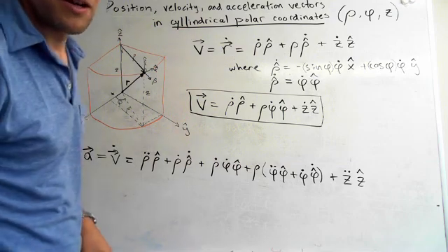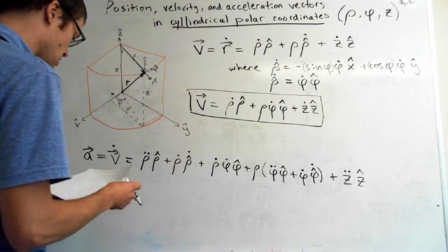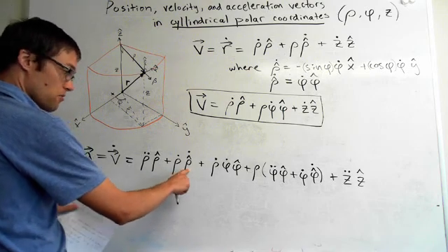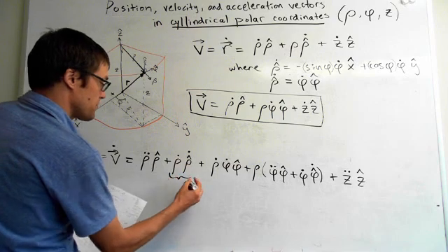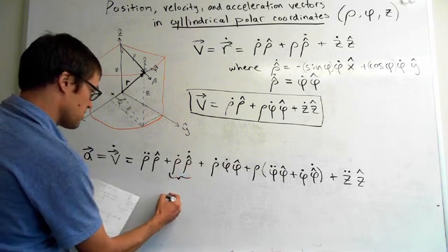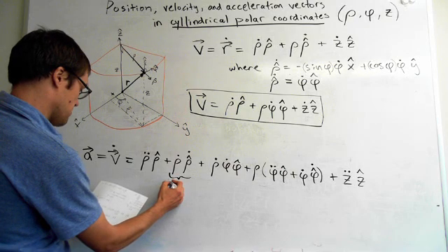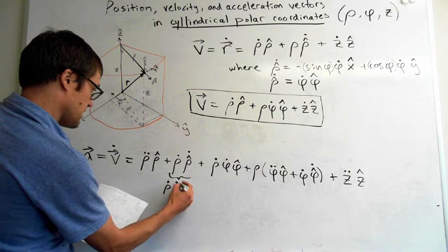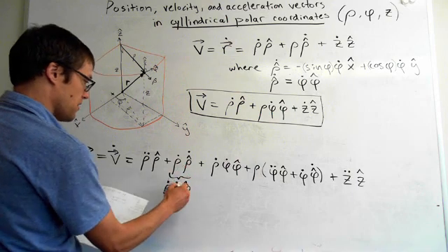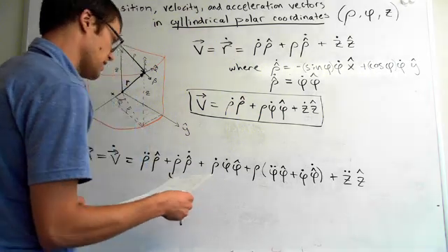All right, so let's see if we can simplify some of this. Well, we know already what rho hat dot is. We just figured that out a few minutes ago. So if we rewrite rho hat dot, this term becomes rho dot, and then we have phi dot phi hat, since phi dot phi hat is rho hat dot. Okay.